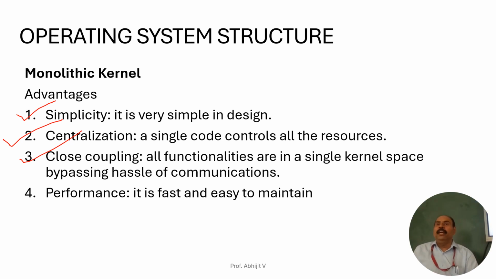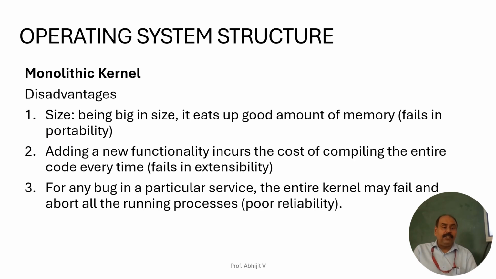So having seen the advantages, now we'll see what the disadvantages of using a monolithic kernel are. Disadvantages in points: we have only one program, so naturally the size of the program is big. Adding new functionality means you have only a single program, so if you want to add something new, it might be a big problem.